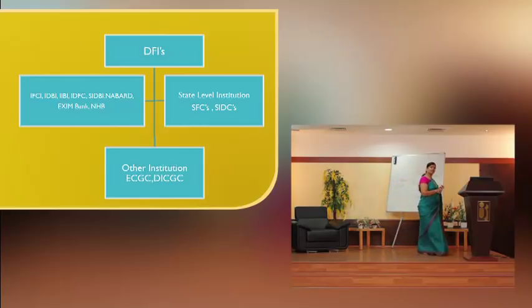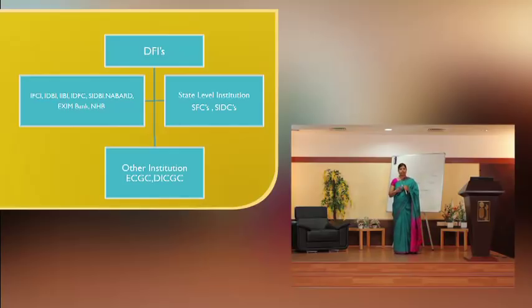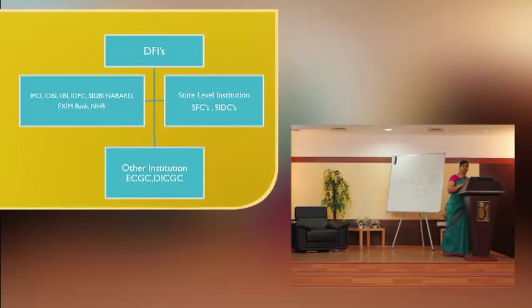Development financial institutions also include ECGC and DICGC. We are going to study all these institutions at length in the coming sessions. Today we are just trying to cover an overview of our Indian financial system, friends.